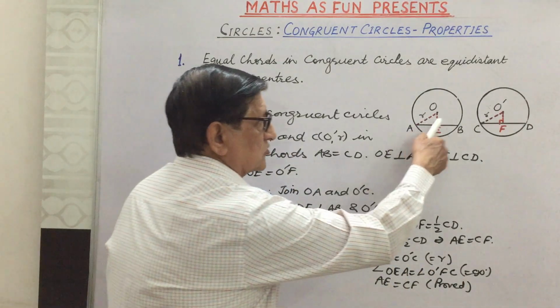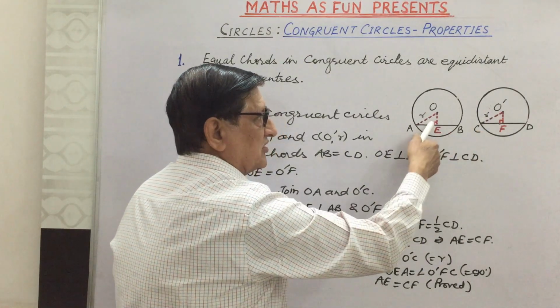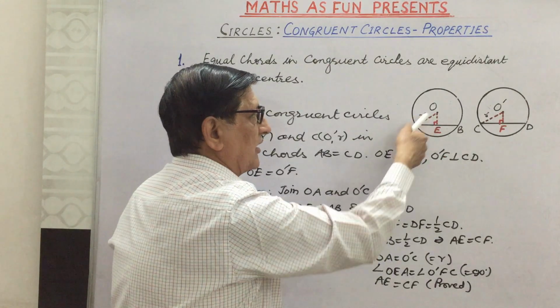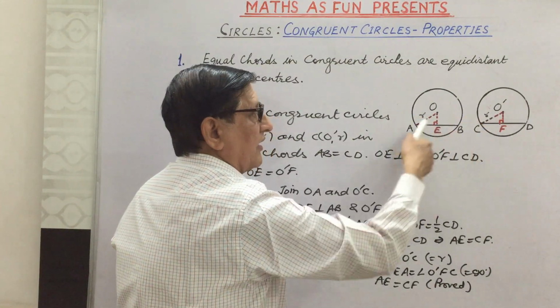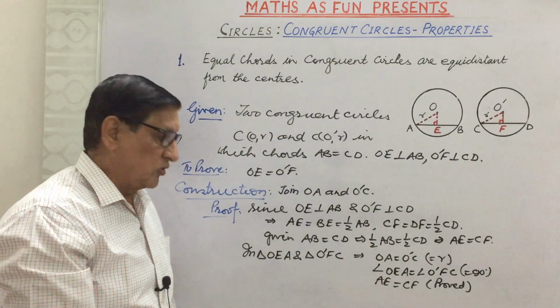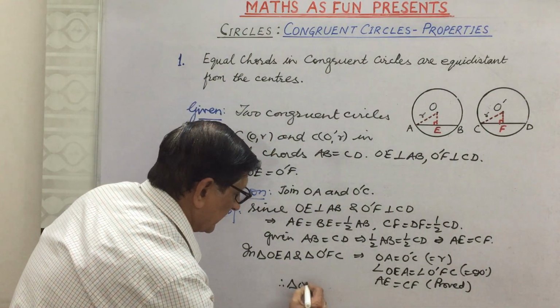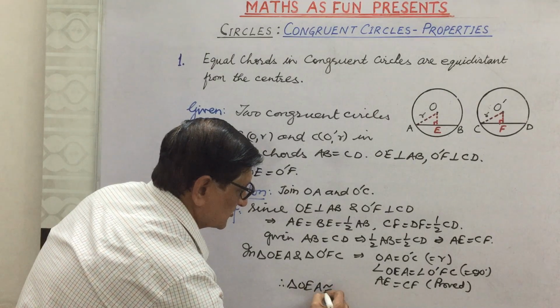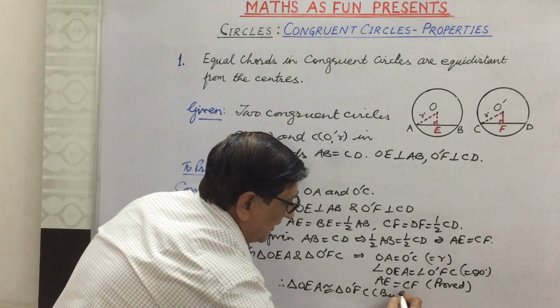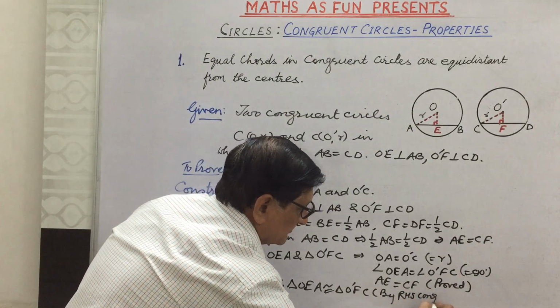So we are finding in these two triangles, these angles are 90 degree, means they are right angle triangles. These are the hypotenuse of them and one of the sides are equal. So by RHS they are congruent. Therefore triangle OEA is congruent to triangle O dash FC by RHS congruence.